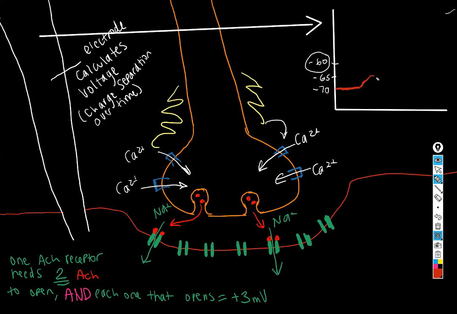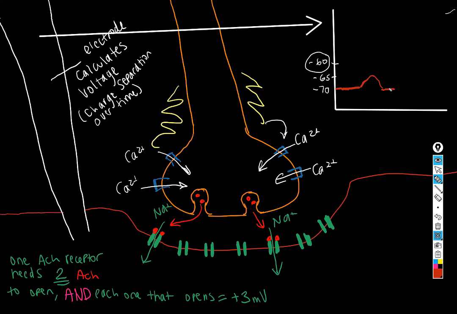So once this action potential is done, the membrane potential is going to drift back down to -70 because of what? Because it didn't reach the particular place that it needed to go to open.